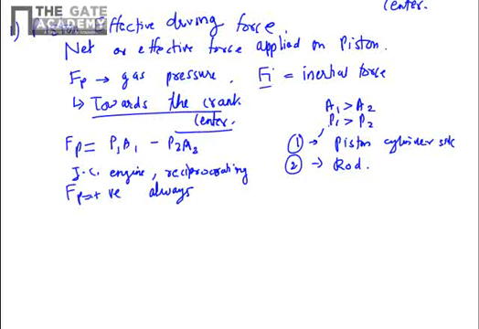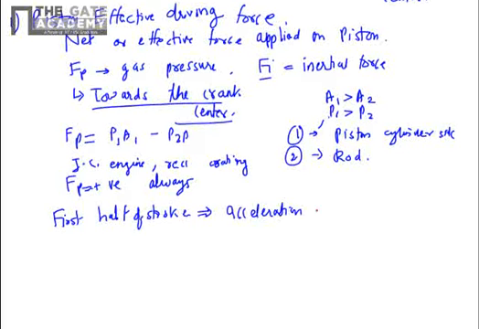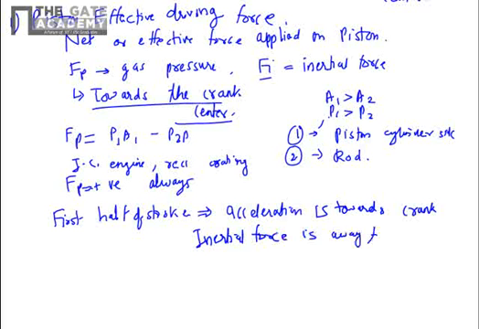Now for the Fi, the inertial force, we know that Fi is in direction opposite to the acceleration. So in first half of stroke, the acceleration is towards crank, hence the inertial force is away from crank, and hence the inertial force acts in a direction opposite to the pressure force.